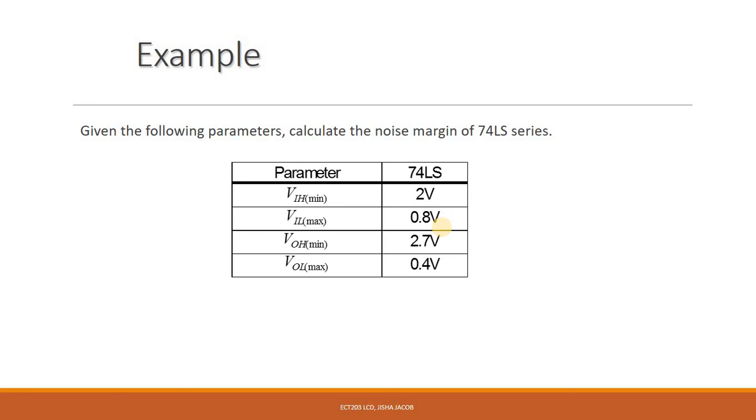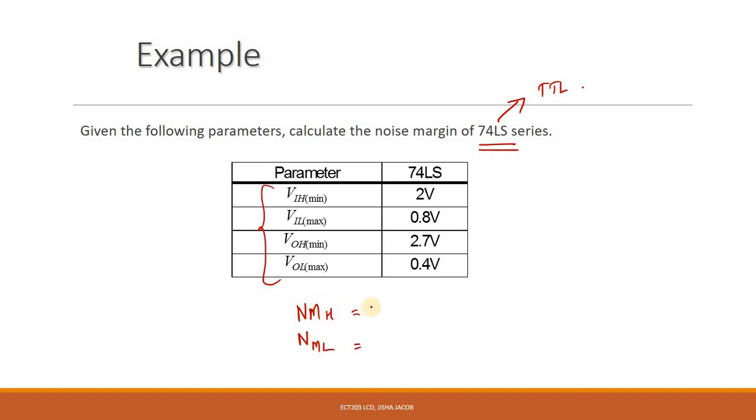This is an example. If you are asked to calculate the noise margin of a 74LS series, usually 74 series are all TTL. These parameters, VIH, VIL, VOH, VOL, are all given to you. You are expected to calculate NMH as well as NML.